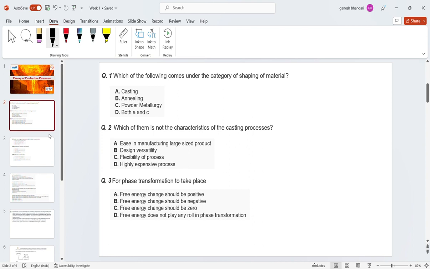Casting has grown to the point where we can even make a very fine surface.